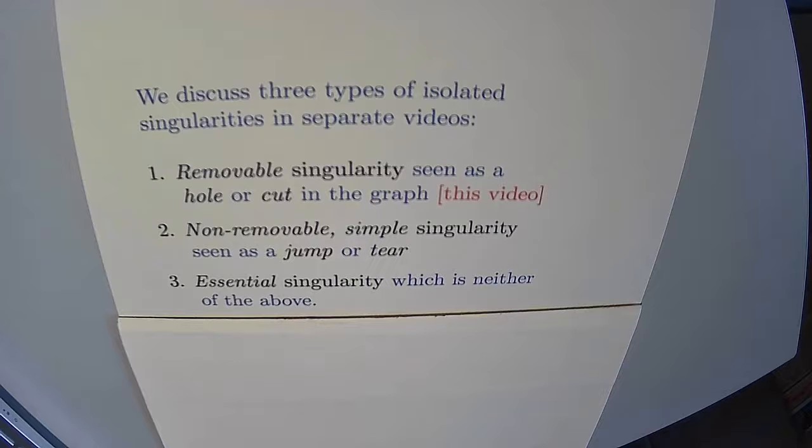The second kind is a jump singularity, and that turns out to be non-removable, and I'll discuss that in some other video. And a singularity that's more complicated than either of these two, essential singularity, will be the subject of also a separate video.